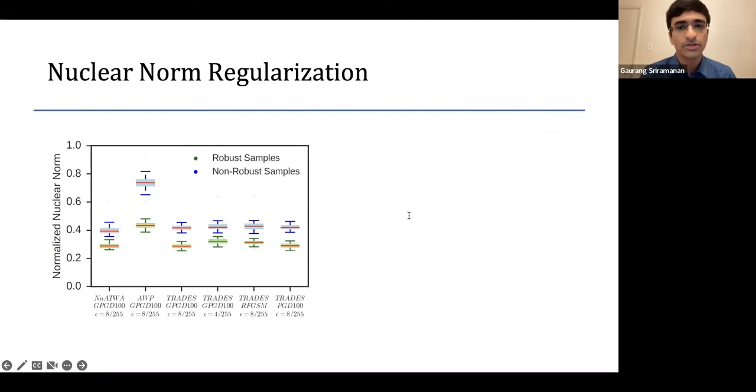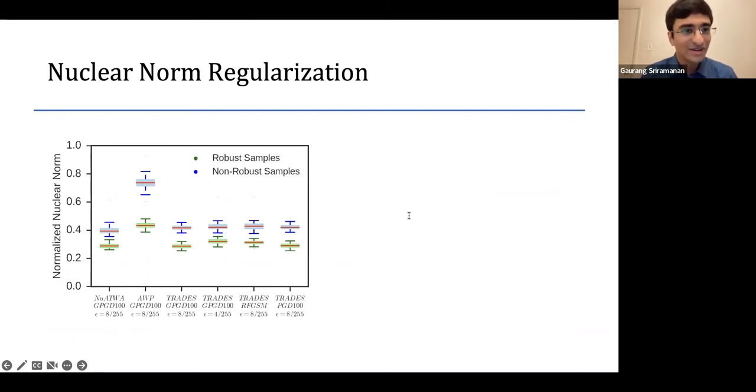Here, for example, we visualize the normalized nuclear norm values obtained for different attacks and various defense methods on the CIFAR-10 dataset. Based on the function predictions, we partition images into robust and non-robust sets, just based on the function predictions themselves.